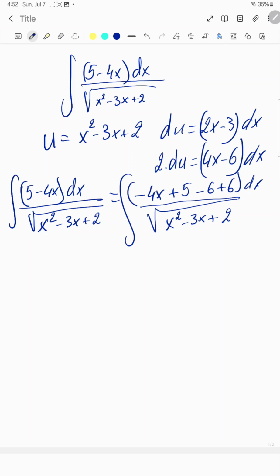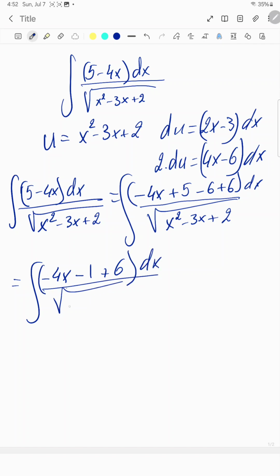Now I know that plus 5 minus 6 is equal to minus 1. So that integral will become minus 4x minus 1 plus 6, dx, divided by square root of x squared minus 3x plus 2.